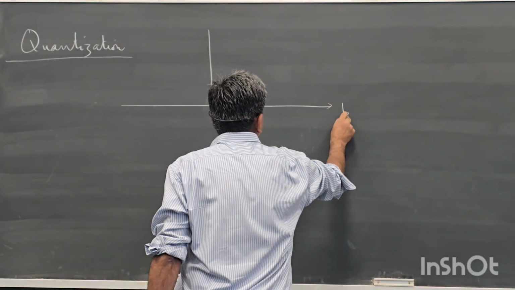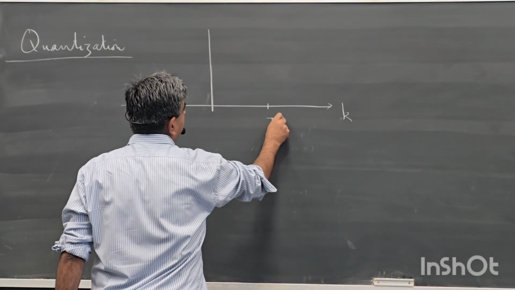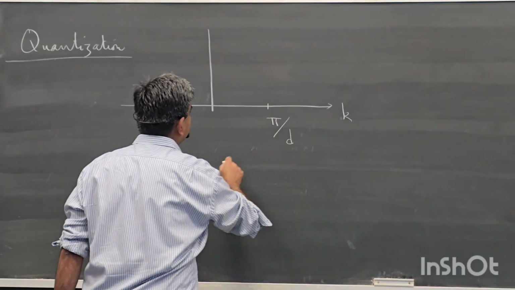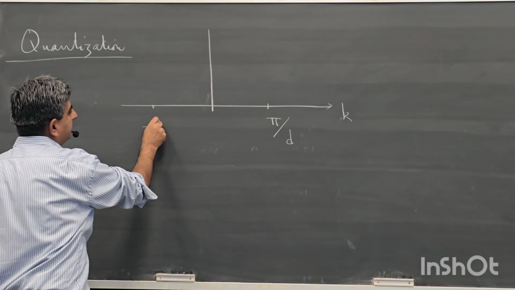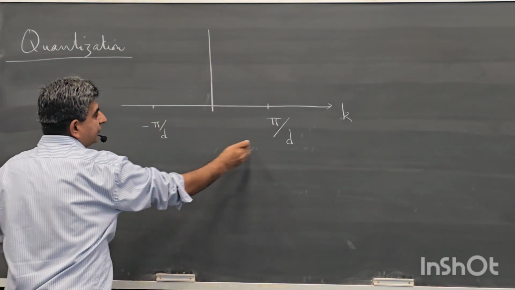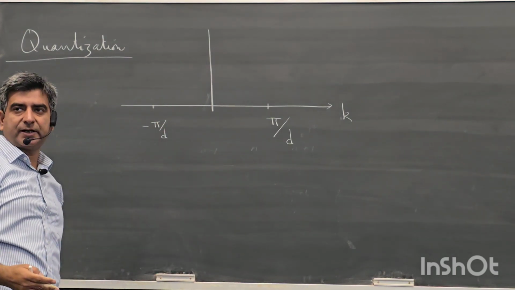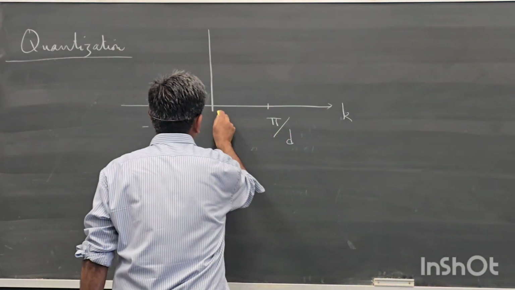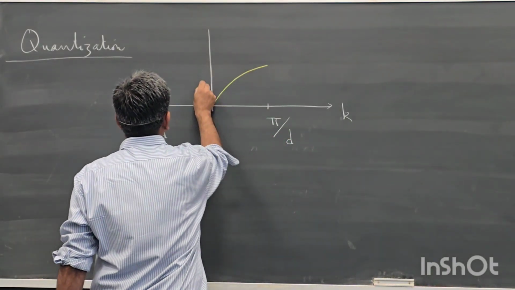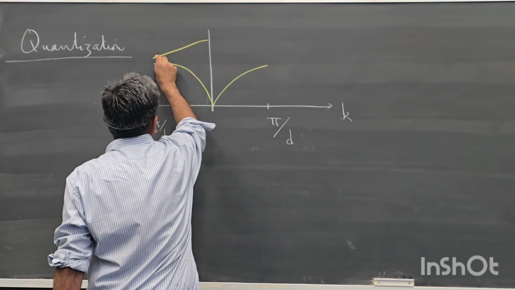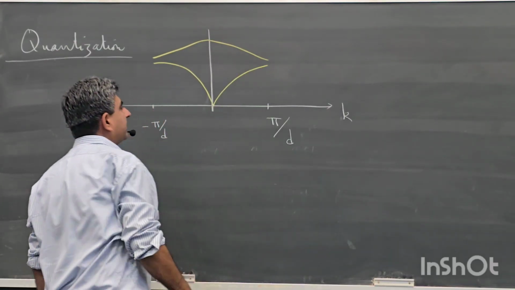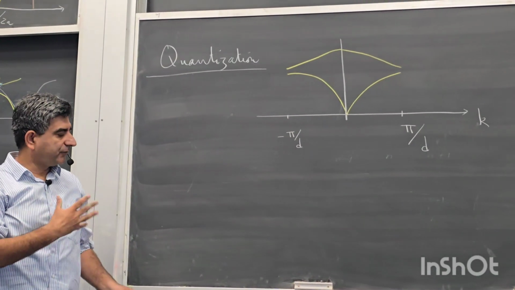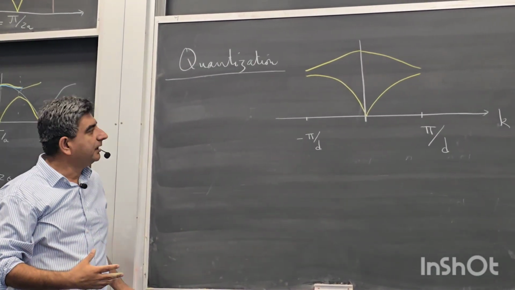So this is my K. I have pi over D, minus pi over D. This length is 2 pi over D, which is the length of the reciprocal lattice vector, and I have a dispersion relationship, of course, an acoustic and an optical branch. 2 branches, because it's diatomic, and I'll formalize this in a minute.